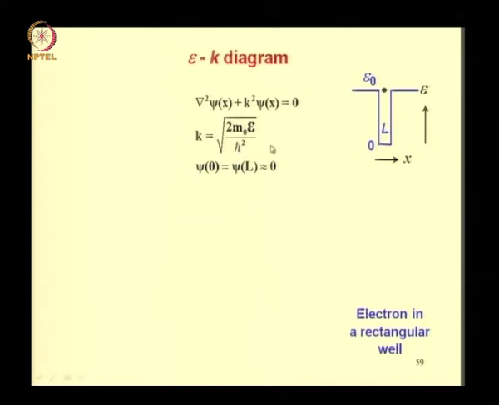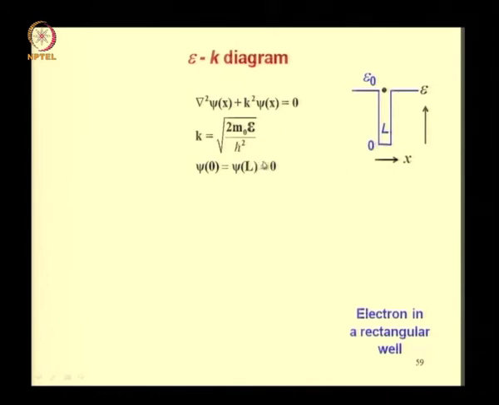Also, whenever we are solving an equation, you need to consider the boundary conditions apart from the equation. So the boundary conditions here are that the wave function psi is approximately 0 at both x equal to 0 and x equal to L. That is, the wave function goes to 0 at this end as well as this end. Now we are saying approximately 0 because the height of this well is not really infinite, it is large but not infinite.